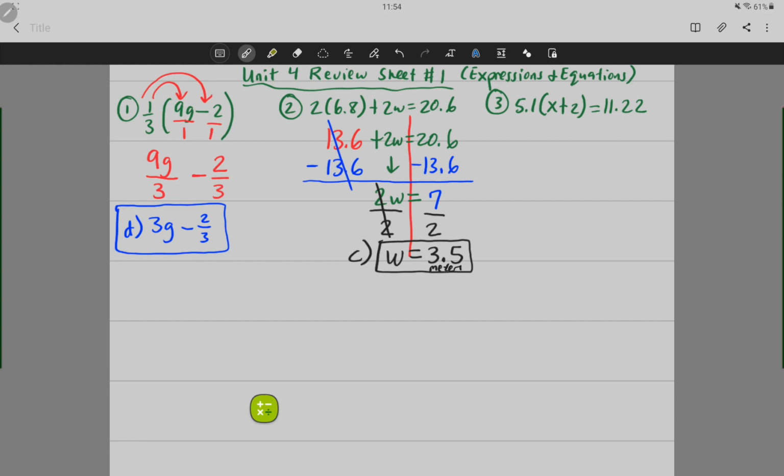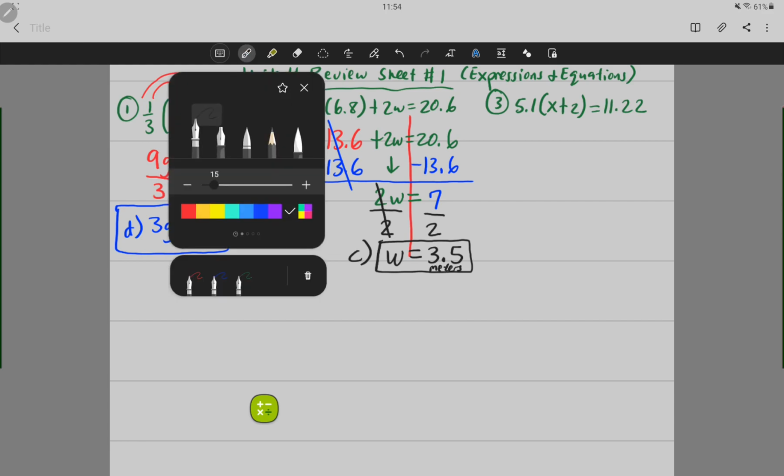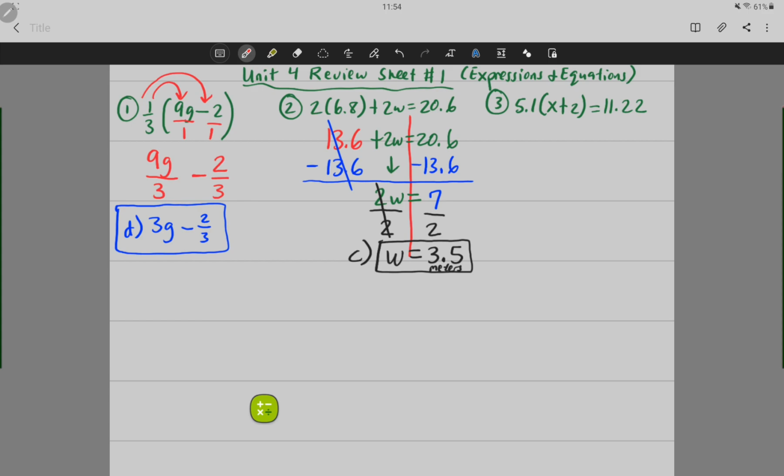Okay, question 3. We have another equation to solve. This one also has parentheses. We have covered another way to solve questions with parentheses. It's a little bit more advanced. If you're comfortable doing it that way, you can.